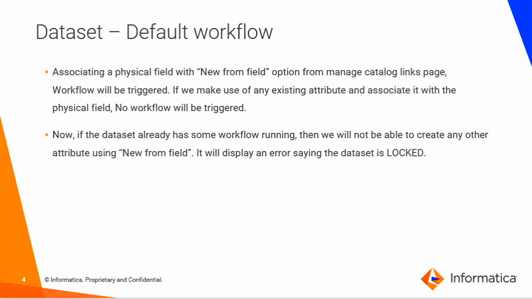Now, if the dataset already has some running workflow and then we try to associate a physical field to that dataset, it will say that the dataset is locked until this case is managed, either by completing the workflow or else unlocking the object by completing a particular task in the workflow, which can be configured in the admin panel under default workflows and change requests.